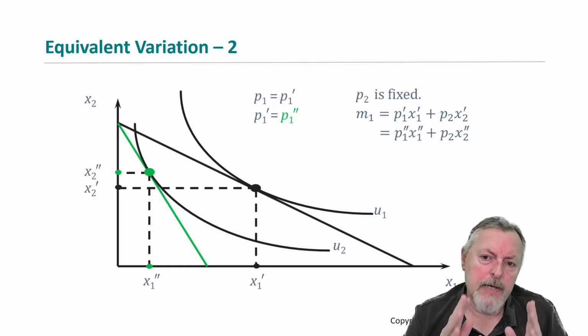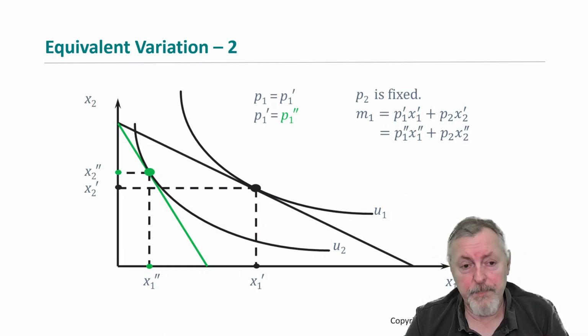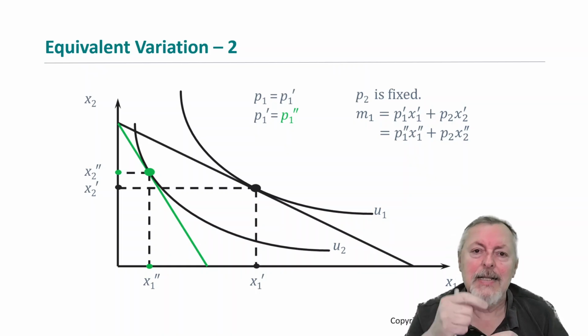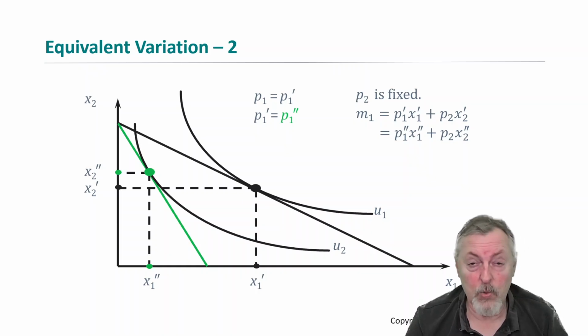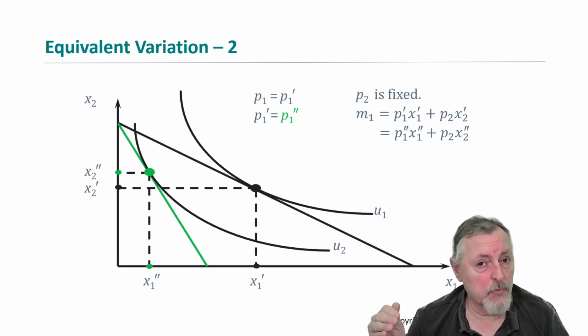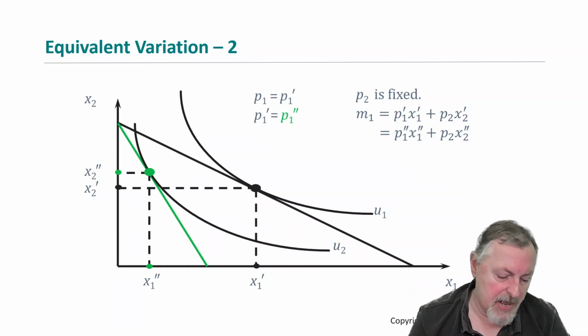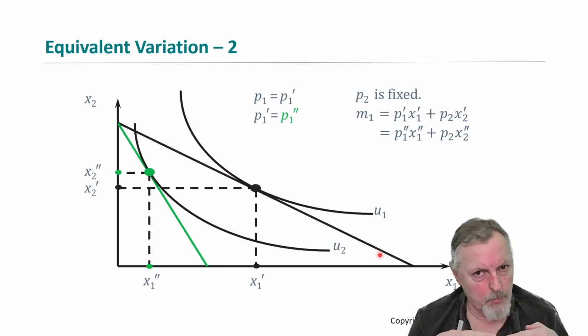If I say you're going to have to live with the new prices, we've already changed the prices. How much money do you need to be made whole so that you're not hurt? Living at the new prices, with the new prices. That's compensating variation. Equivalent variation is saying, how much money would you be willing to give up to stay at the current prices, to avoid the price change? To stay at that budget line slope.